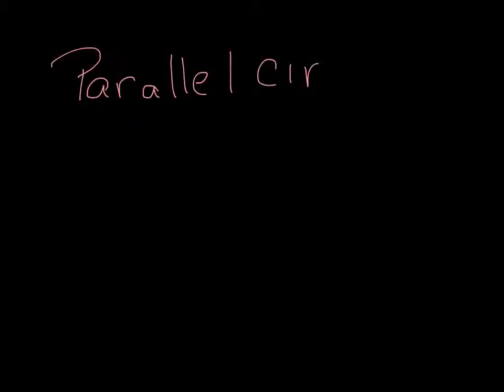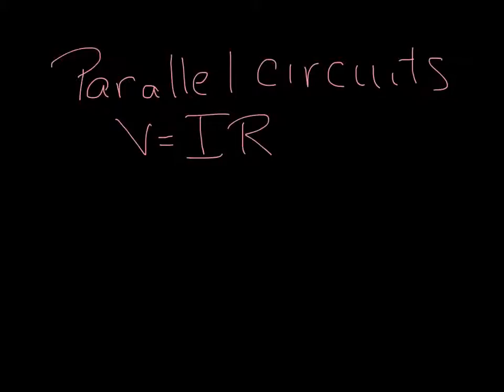So with that being said, parallel circuits use the following formulas. V equals I R. I total is equal to the sum of the current through all the branches.